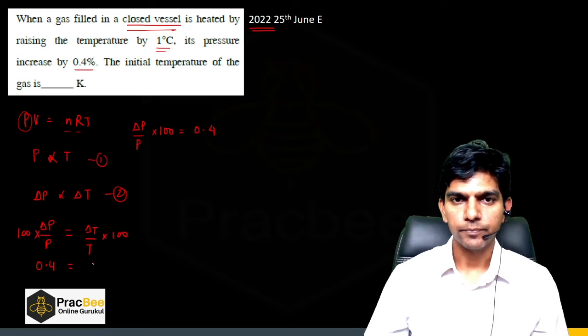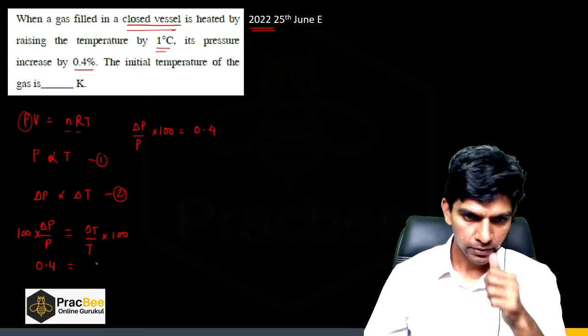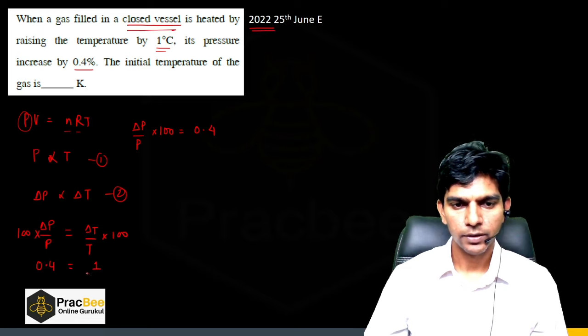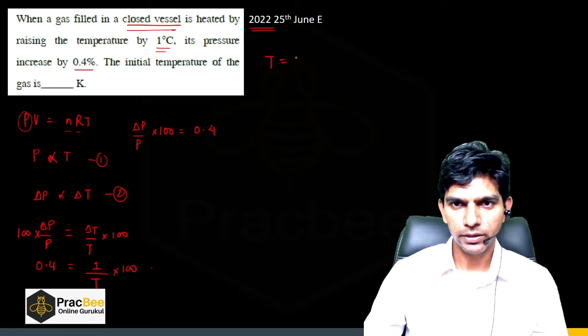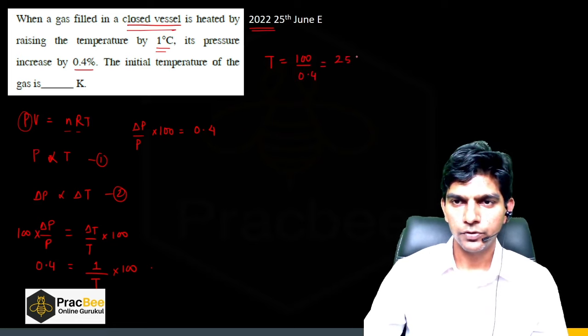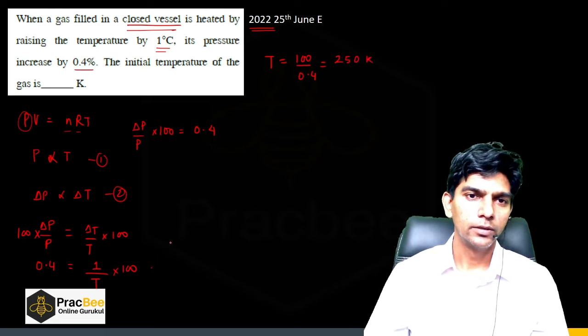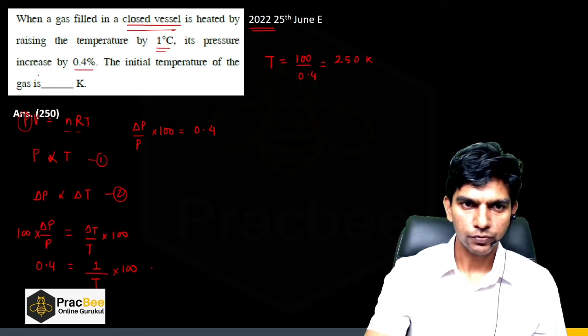Delta T is 1 degree Celsius, so the right side is 1 divided by T times 100. From this equation, T will be 100 divided by 0.4, that is 250 Kelvin. So the answer will be 250 Kelvin.